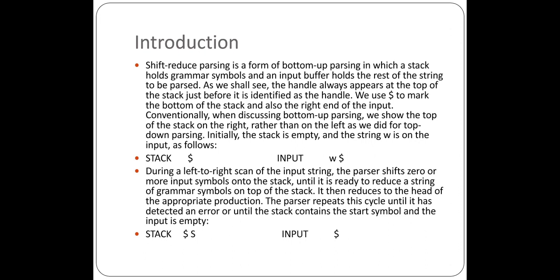The input buffer holds the string that you have to process, and the stack holds some grammar symbols. The action column holds the various actions that we perform, either reduce, or shift, or which may result in an error.